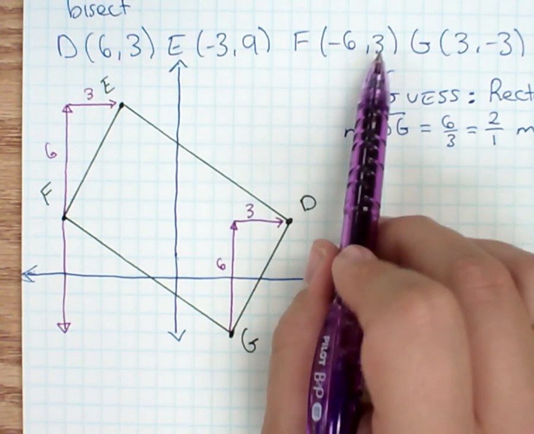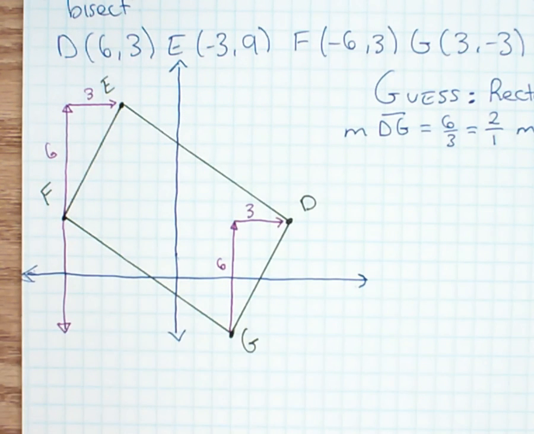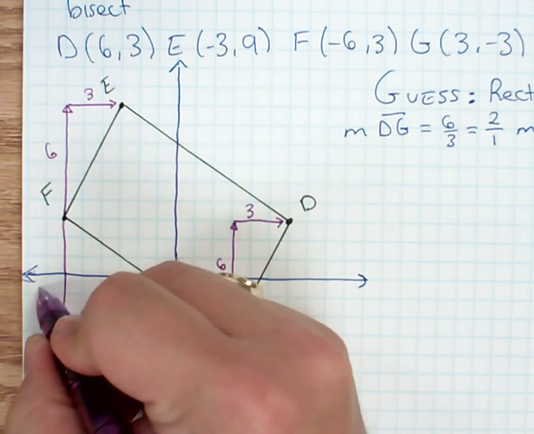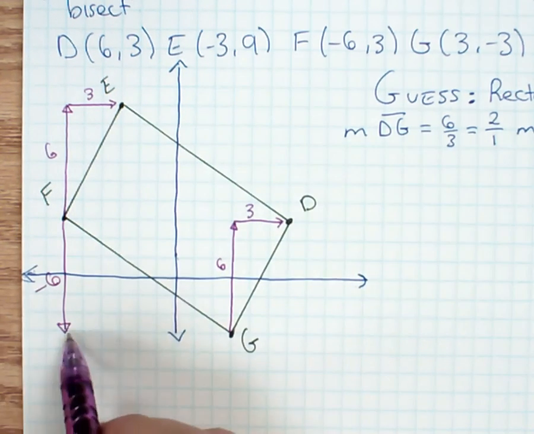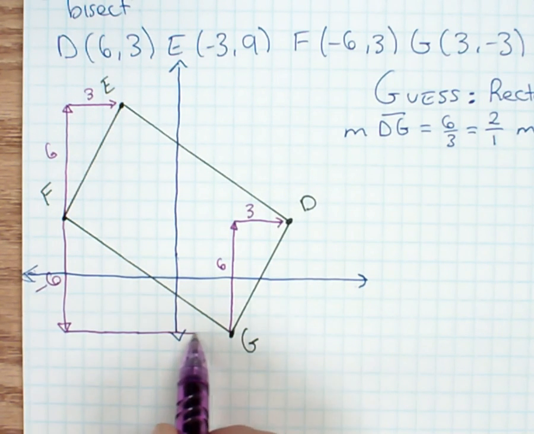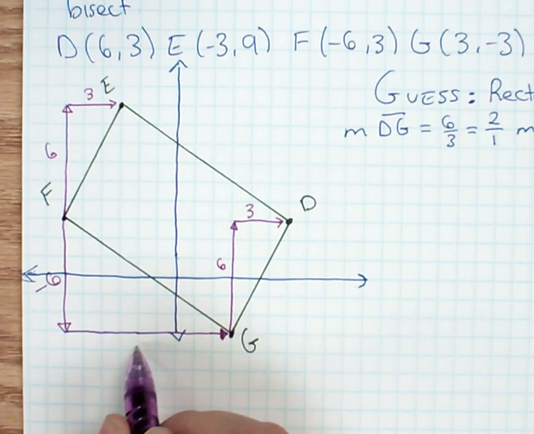And then F is negative 6, 3, so you have to go to the left and up 3. All right, so now for F, we go down 6, so that's negative 6, remember. And to the right, 2, 4, 6, 8, 9, right? Then that's 3.